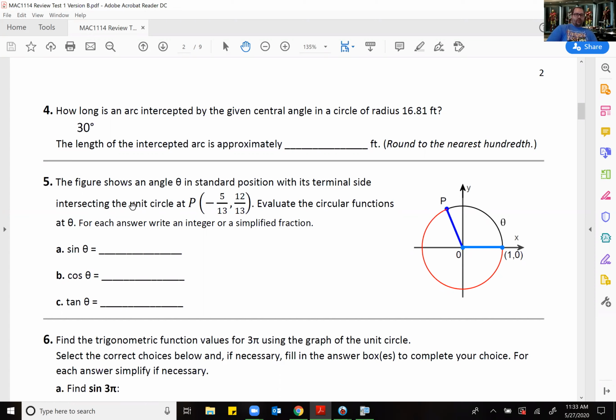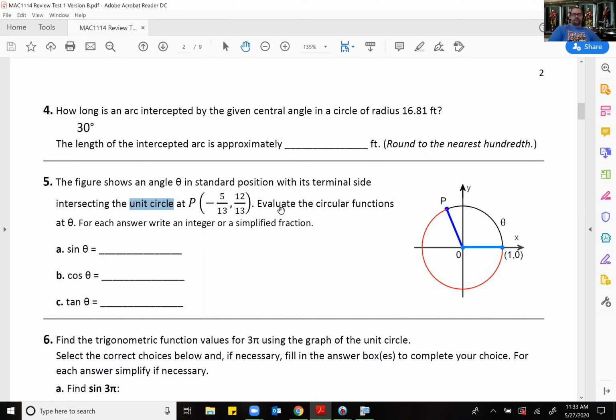Now this is important right here. Unit circle. When you're on the unit circle, remember that means that the radius is 1. So that makes finding these trig functions really easy. We've got this point here, negative 5 over 13, comma 12 over 13.